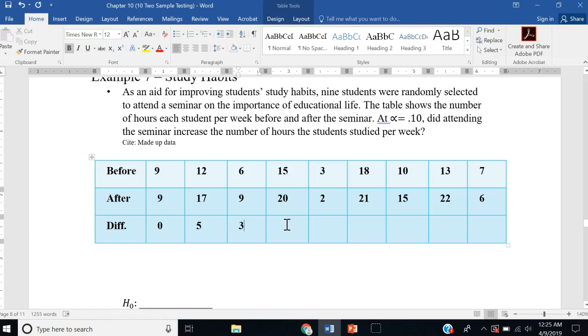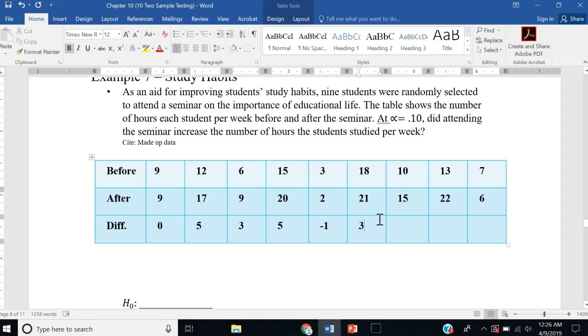Going from 15 to 20, that's an increase of 5. So all of those are positives. In other words, positive means the student studied more. Going from 3 to 2, that's a change of 1, but it's in the negative direction. This individual went from studying 3 before to studying 2 after.